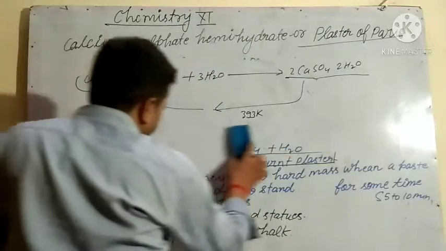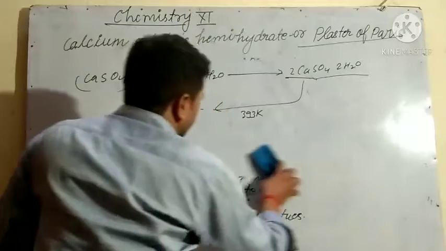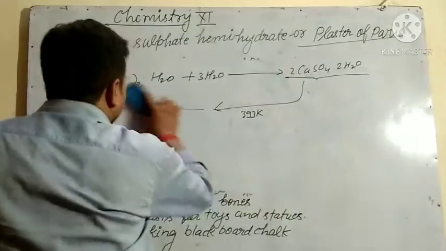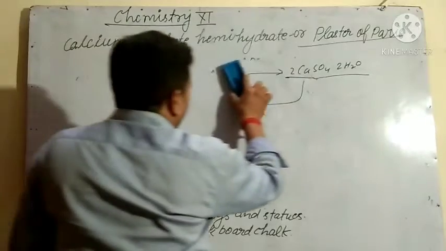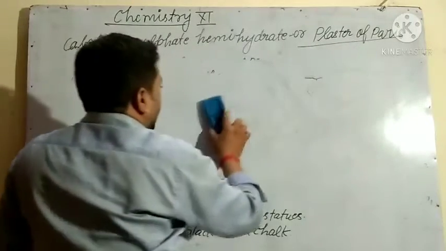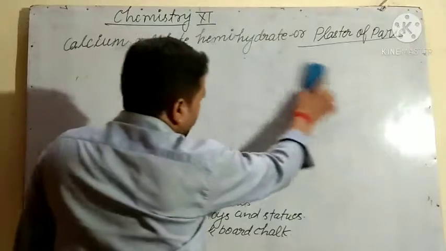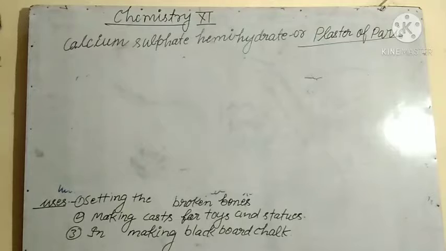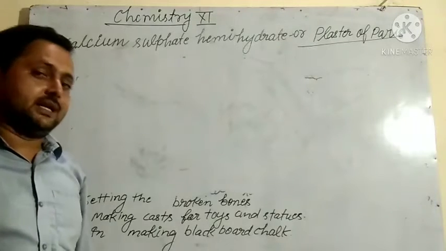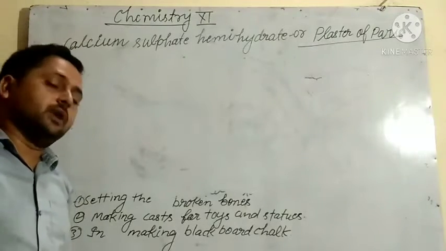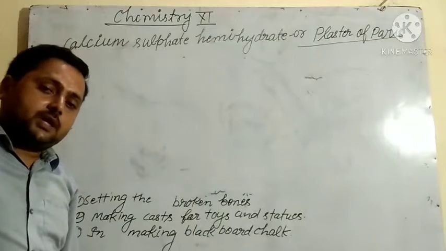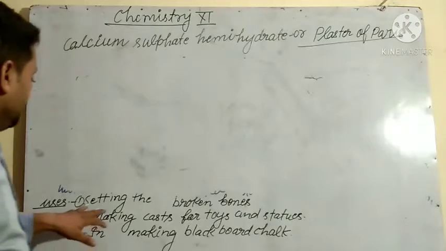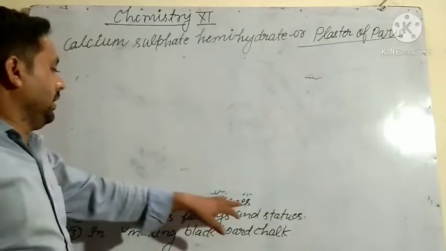And the hardening property is very important for this. So one question arises: why is it used as a hardening or setting material? When its paste is made with water and left for some time, about 15 minutes, it gets hard, and because of that it is used for plaster of fractured bone, and for setting broken bones.